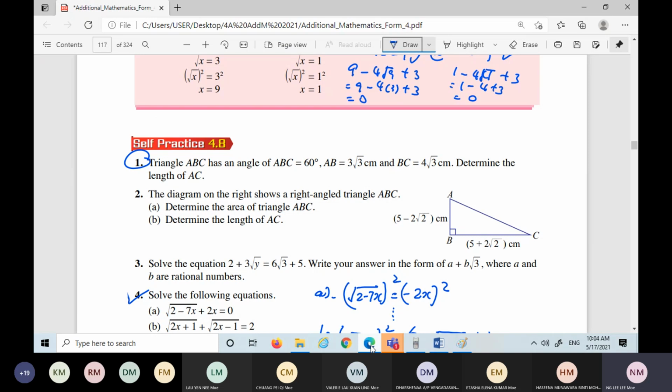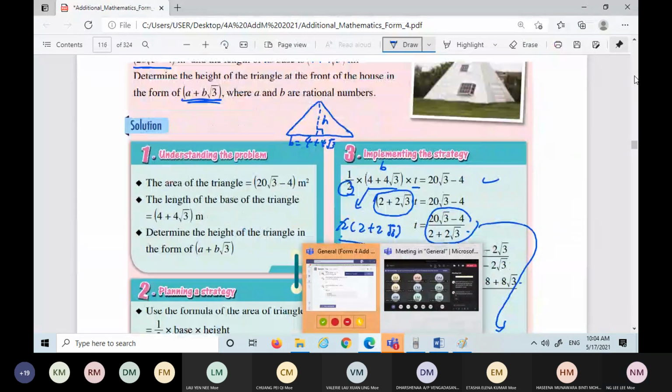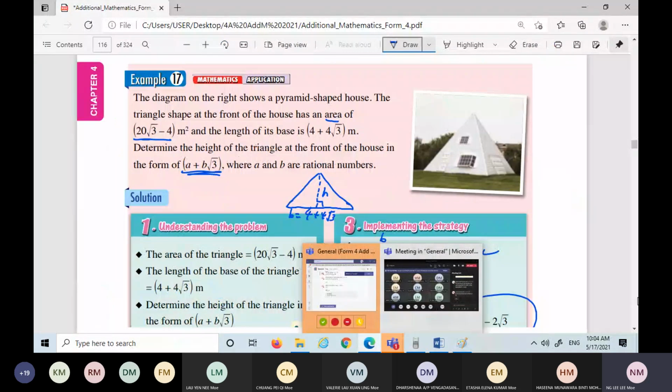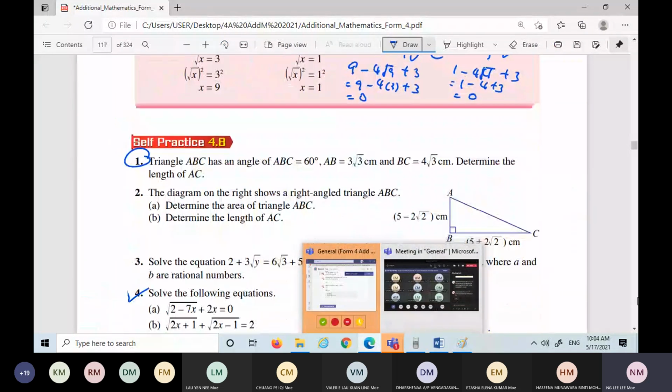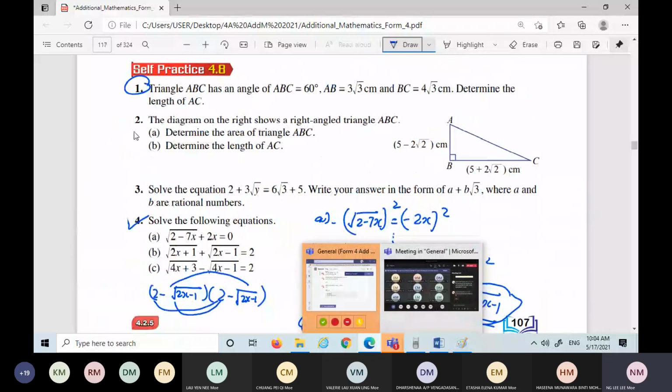So the homework just now, the 4.7. Here, A until I, and then the 4.8. For 4.8, everything is okay, even though I showed you number 1, a little bit of 4A, 4B, all must do. I want you to practice by yourself.